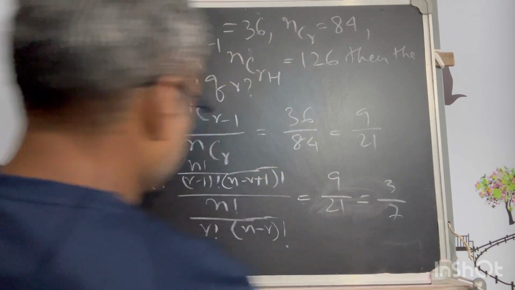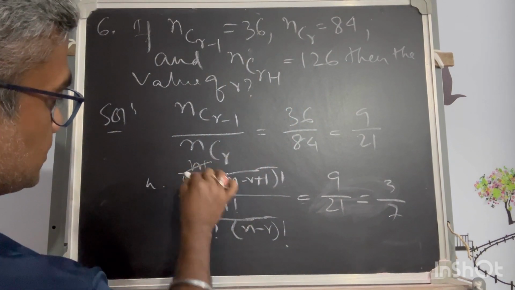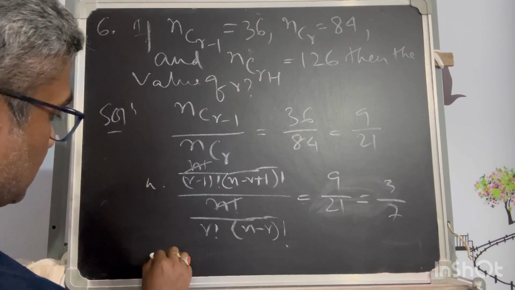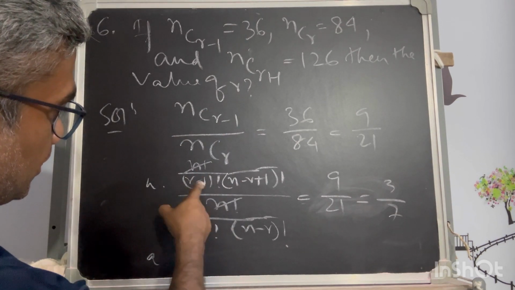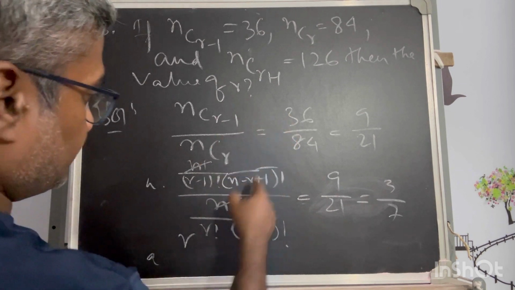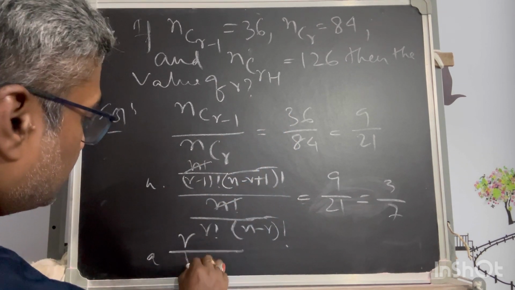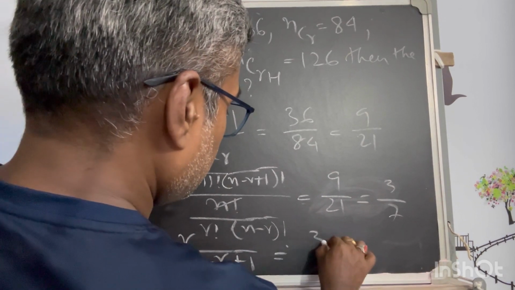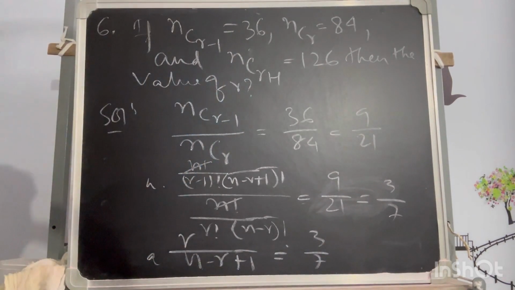Okay, so 3 by 7. So now if we cancel it, r will go up, (r-1) factorial can cancel out, and the denominator will remain as (n-r+1). Okay.